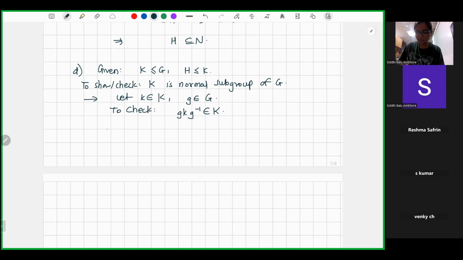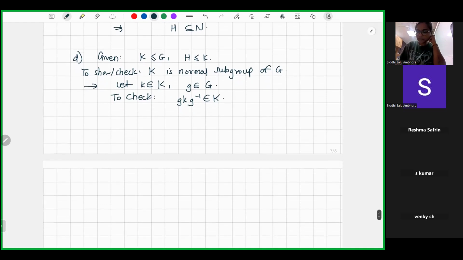So we have g k g inverse in G, and k inverse belongs to G. Then this k inverse g k g inverse belongs to H.